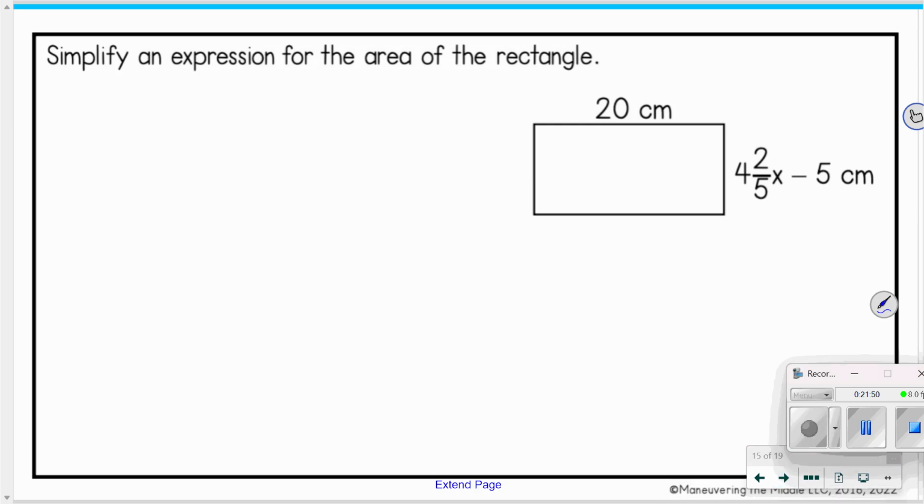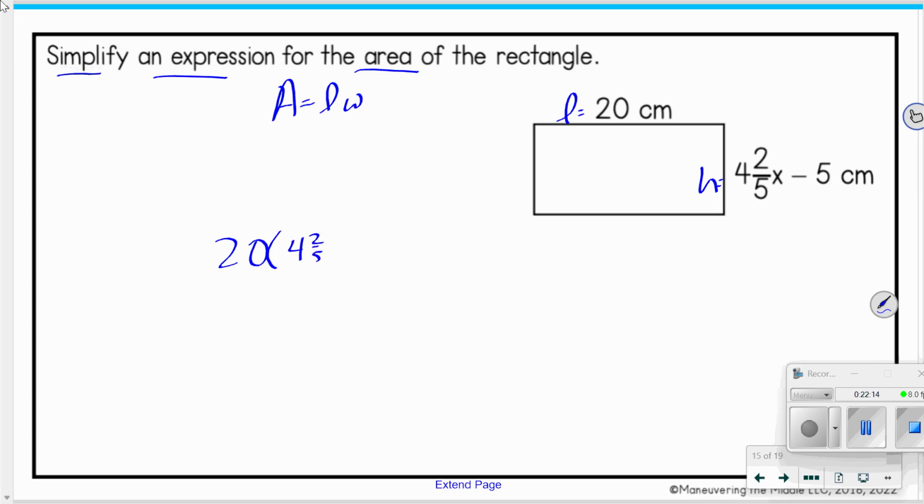Okay, our last 2. Simplify an expression for the area of the rectangle. What's my area formula? Length times width. So, I have a length of 20 and a height or a width of 4 2/5 x minus 5. So, 20 times the quantity 4 2/5 x minus 5, meaning I need to distribute 20 times 4 2/5.